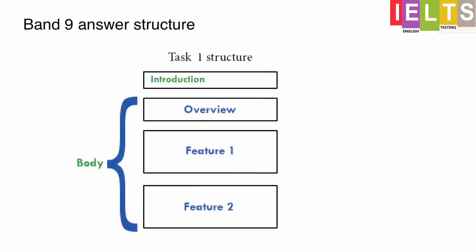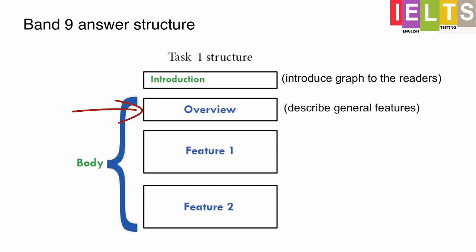And here's the Band 9 answer structure that we described in the previous lesson. You can see a link for the lesson on the right. In any case, if you are answering an IELTS writing task 1 question, you can get a Band 9 for your answer by following this ideal answer structure. Your first paragraph is an introduction. You should introduce your graph to the readers there. Your second paragraph is an overview.